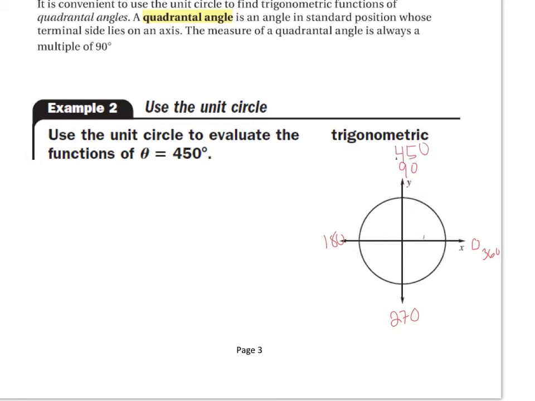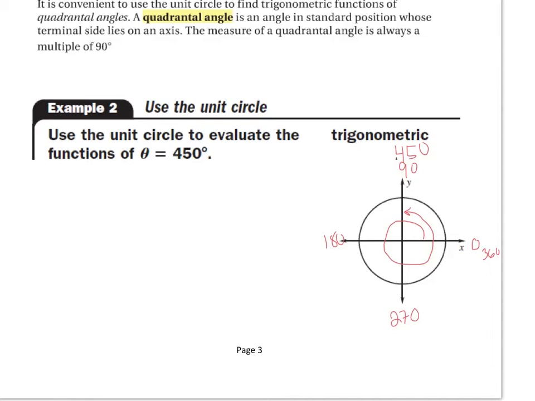So it's saying start here on the x-axis, rotate 1 full revolution, that's 360 degrees, but then 90 more and terminate right here. All right, if you back up and you read the definition of a quadrantal angle, it'll give you that. Okay, so then this is a full revolution of 360 and another 90 degrees.